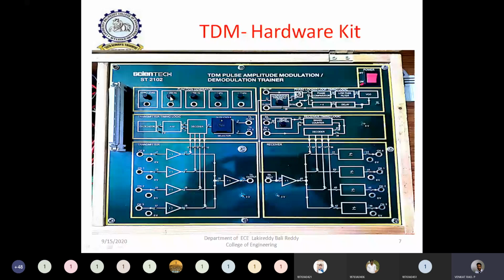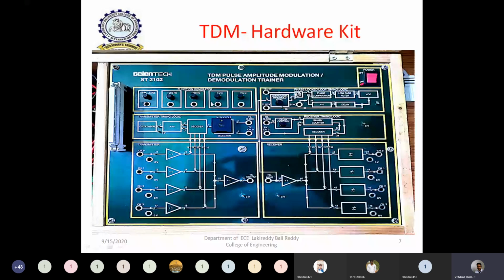If you want to change the amplitude, you can change this knob and observe the variation in amplitude, but the frequency is fixed. Like that, we can select 4 different input signals having different frequencies and different amplitudes. By changing these knobs, we can have different amplitudes for different signals. So we can select 4 signals as input for multiplexing having different frequencies and different amplitudes.